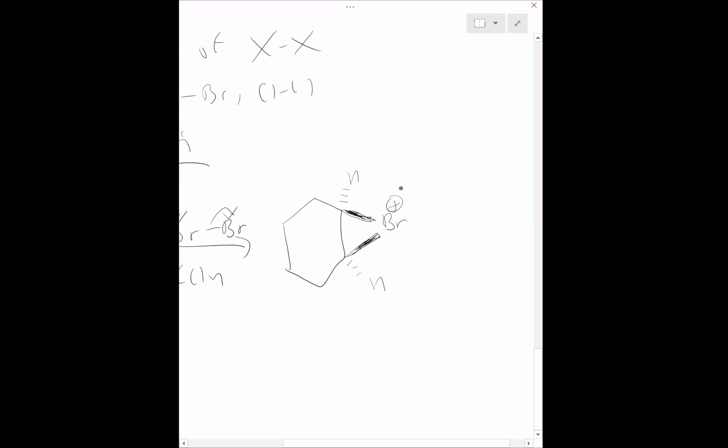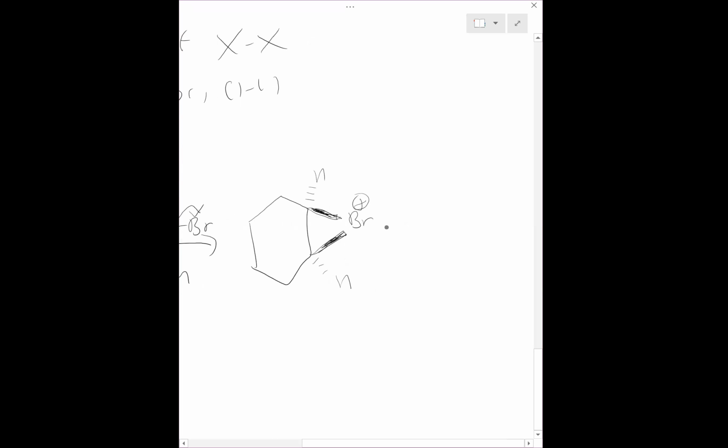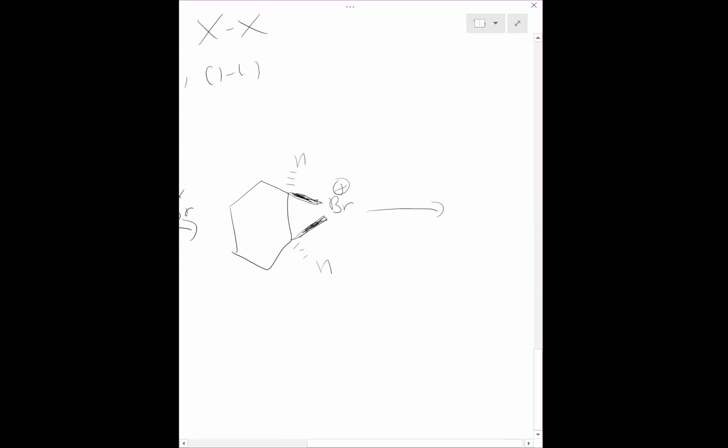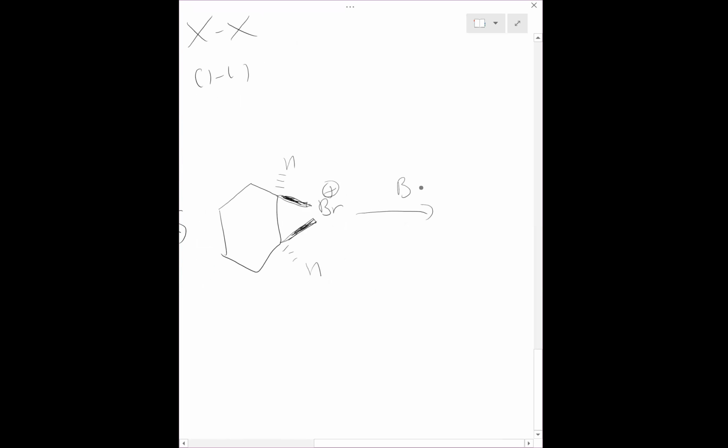And now remember, we have Br minus left over. This Br minus is going to attack from the back so that this Br can take its electrons back because it doesn't want to be bonded to this.